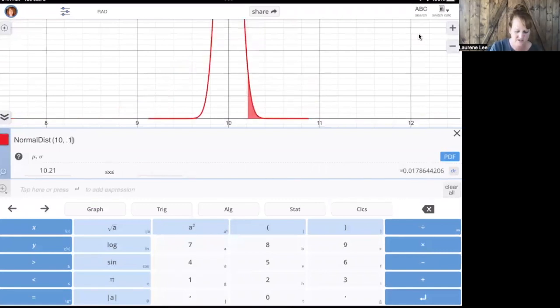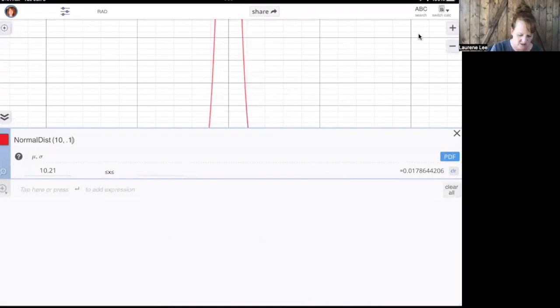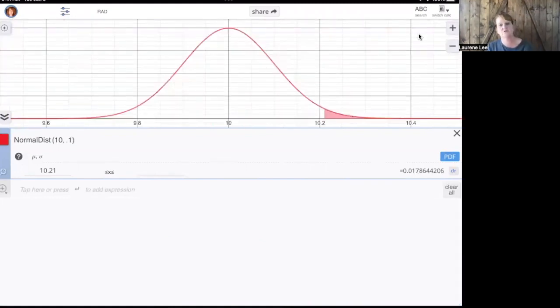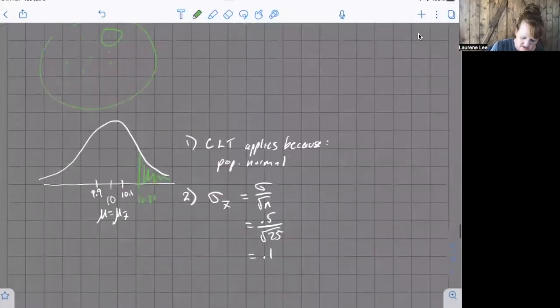See how that shrinks the colored part right there? Okay, 10.1 on up. Now look at the probability, let's call it 0.018. So my answer to this is going to be 0.018.